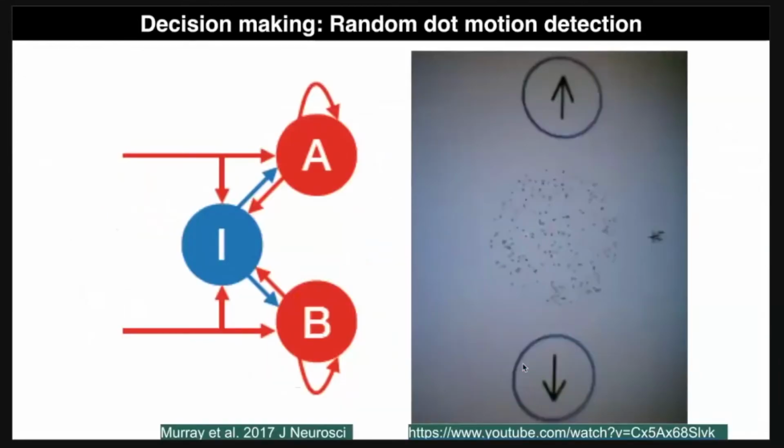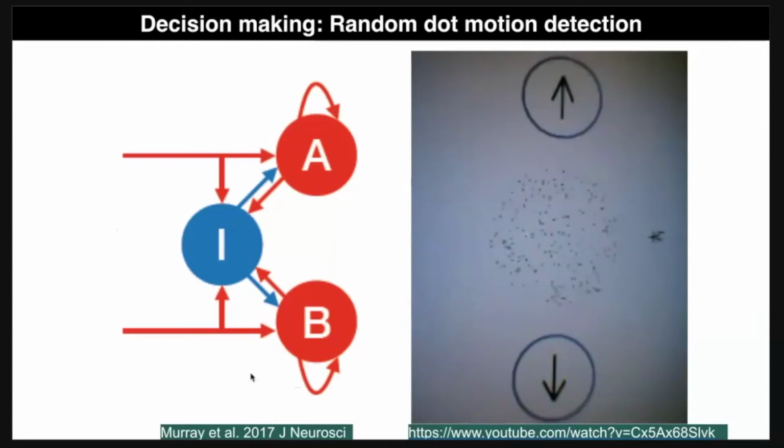So now for the decision-making circuit, we were inspired by a visual ambiguous motion of dots experiment, where unfortunately the video does not work again. So imagine that the dots on the right side are moving and there's a lot of noise, but there's a slightly stronger movement component to one of the two directions.